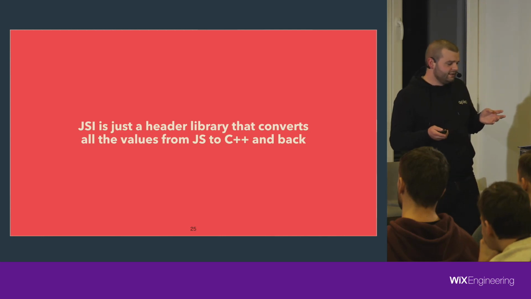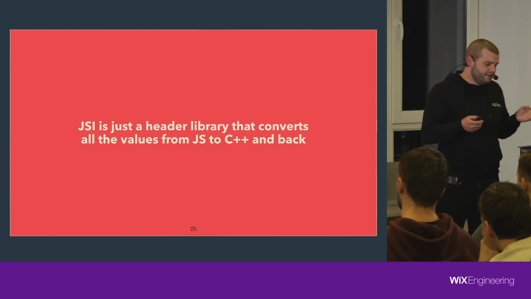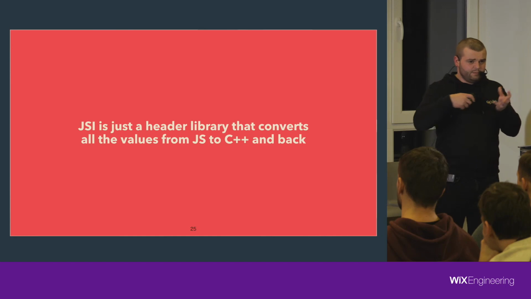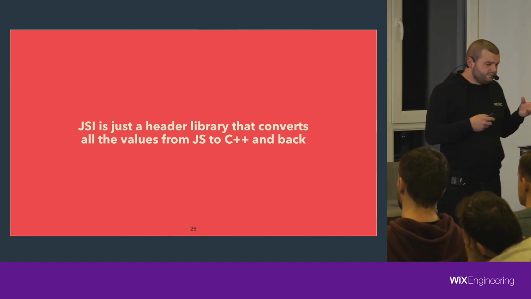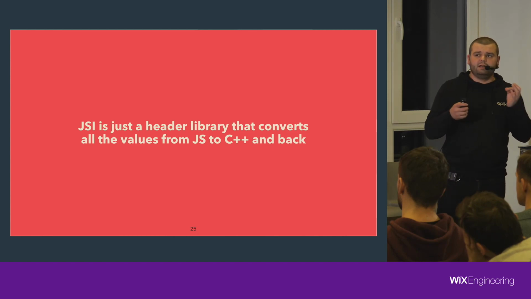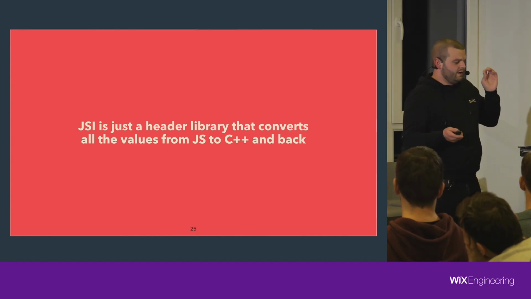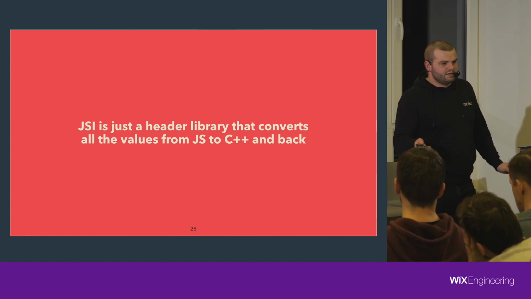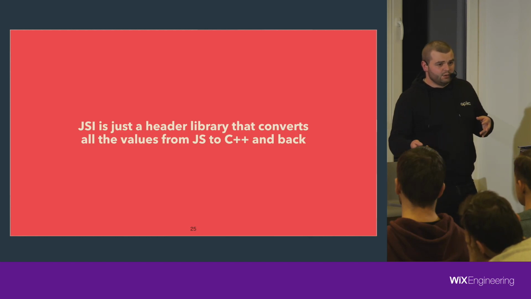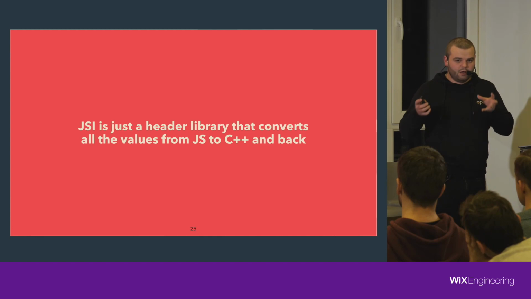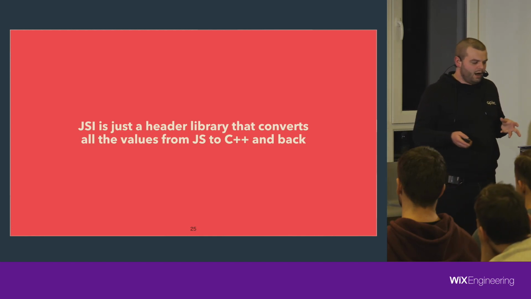And basically, JSI creates a representation of those JS values in C++, and we all know that iOS applications are written in, for example, Objective-C, Swift, maybe C++, or maybe Objective-C++, and those are the native languages for the iOS part.